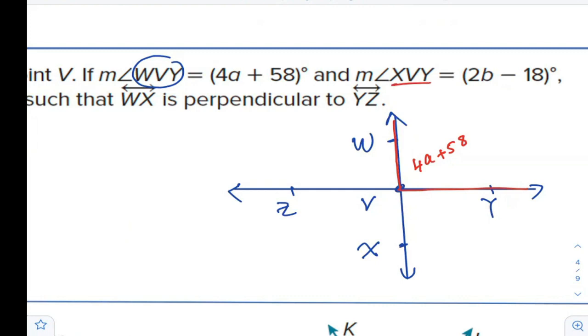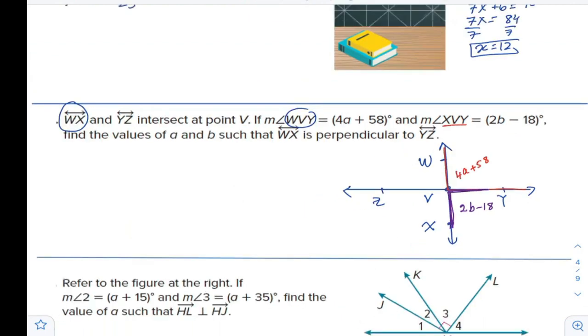The measure of angle XVY, I prefer to sketch usually, XVY, so this angle is 2B minus 18 degrees. Find the values of A and B such that WX is perpendicular to YZ. أوجد قيمة A و B بحيث أن الخط المستقيم WX متعامد على YZ.